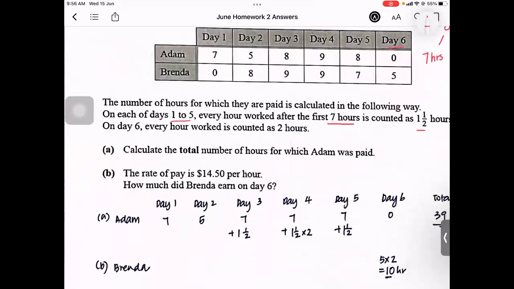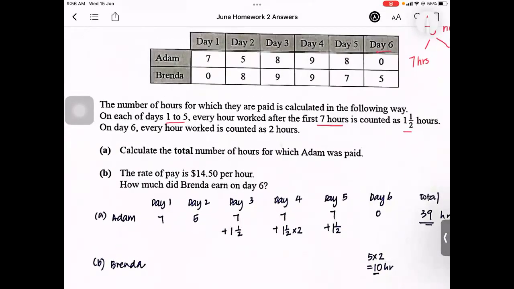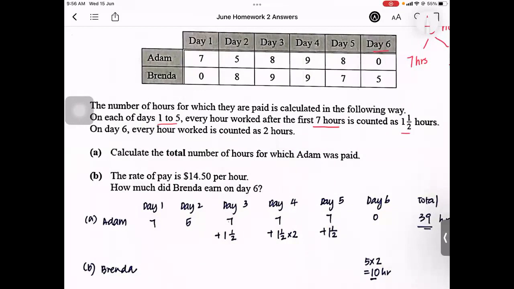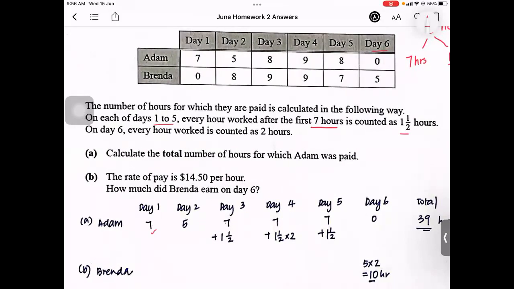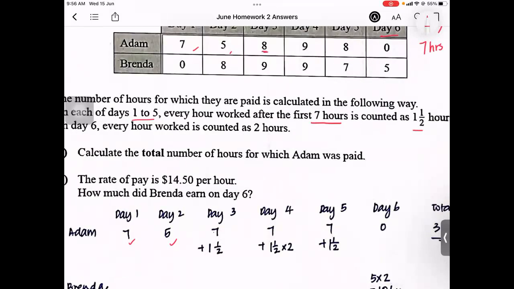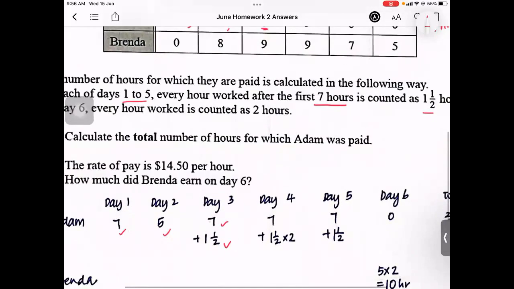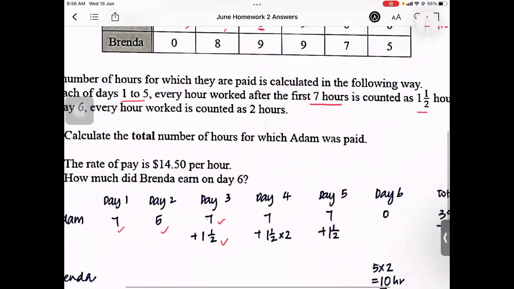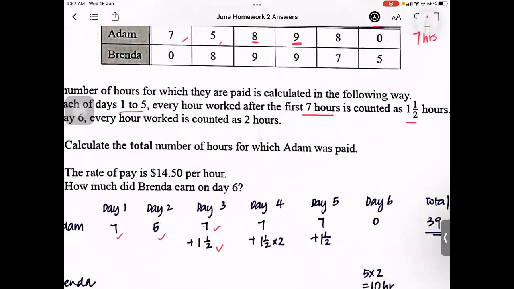So in this case, I should look through each one daily. Adam has 7 hours on day 1, haven't exceeded, so it's just 7. 5 hours, then on the 3rd day is 8 hours. 8 hours can split into the first 7 hours, then I work 1 more extra hour for overtime, so it's 1.5 for that extra hour. Next number, this is 9. I work for first 7, then I got extra 2.